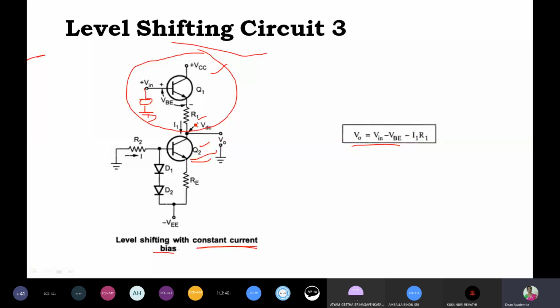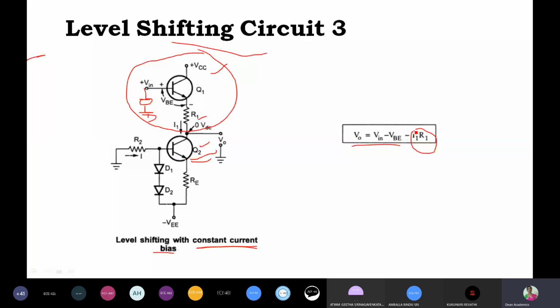This is R1, this is I1. That means not only V in minus VBE, another parameter, minus I1 R1, is also coming into the picture.